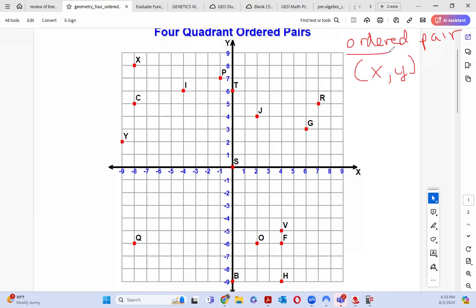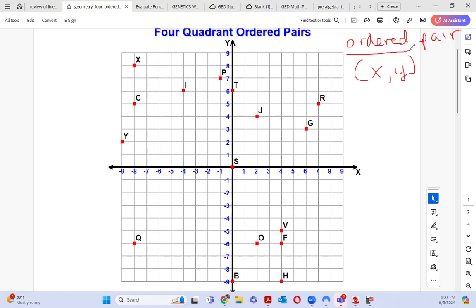What does order mean? When you put something in order, what type of order have you put things in? Alphabetical order. What else? Numerical order. When you were little and your teacher lined you up, you went in size order, right?